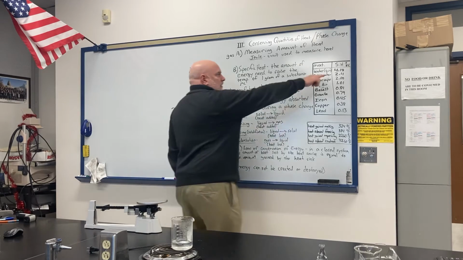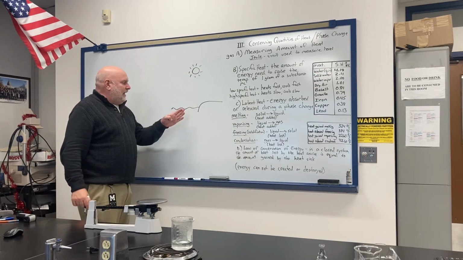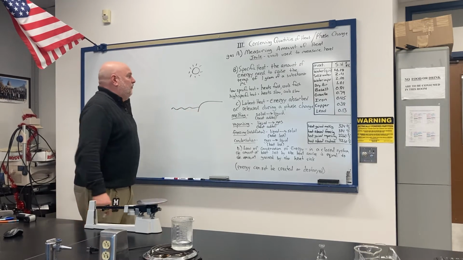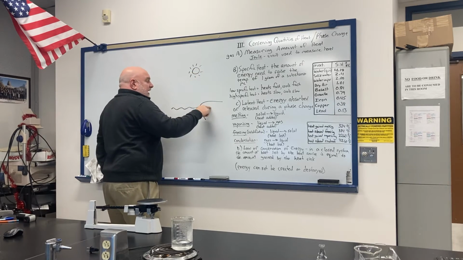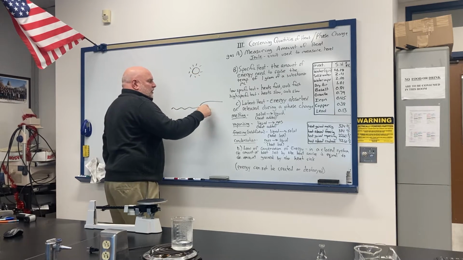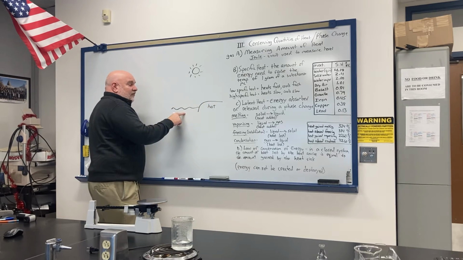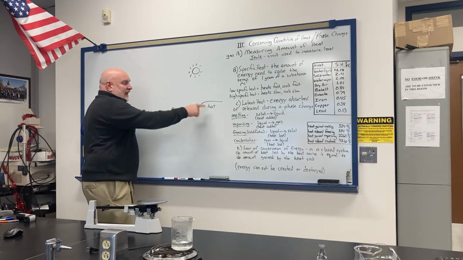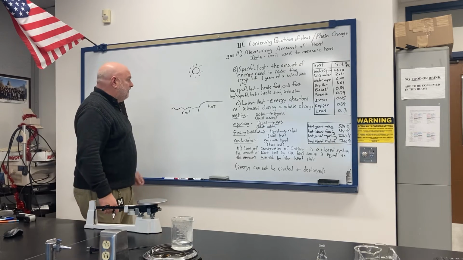Water, specific heat over 4. So it takes about 5 or 6 times more energy to make the water go up 1 degree than the land. So during the day, the sun's giving off the energy. The land doesn't need as much energy to make the temperature go up, so the land's going to be relatively hot. And since the water takes so much time and energy to make the temperature go up, it's going to be relatively cool. So the land heats up faster during the day than the water does.